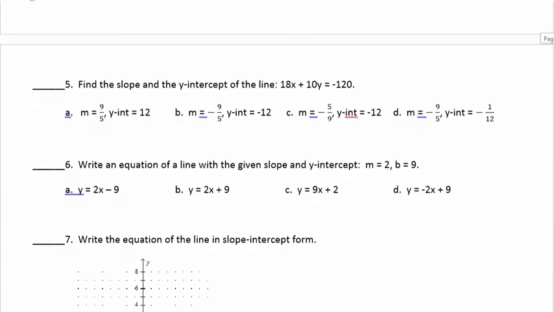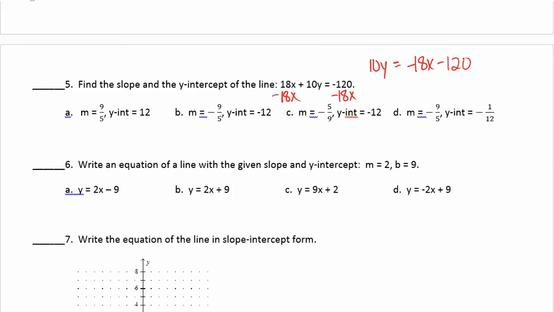Number 5, same question. Find the slope and the y-intercept, but this time the equation is not in slope-intercept form. So we need to get it in slope-intercept form so that we can pick out those 2 pieces of information. So we're going to move the 18x to the other side by subtracting it. So that gives us 10y equals -18x minus 120.